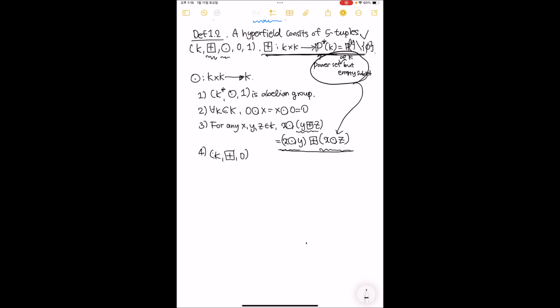And this forms a commutative hypergroup. What is a commutative hypergroup?